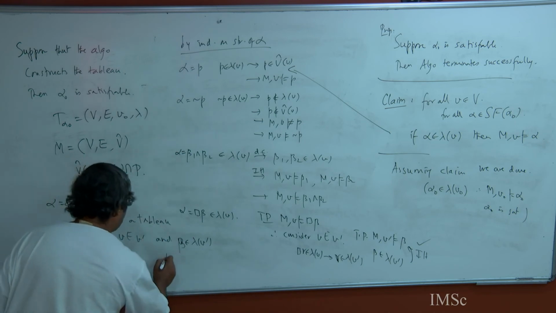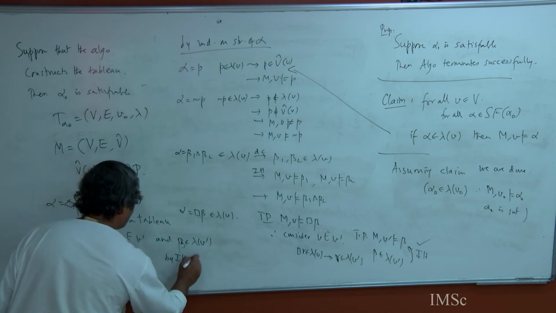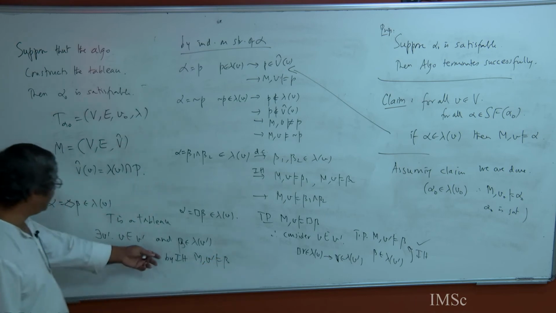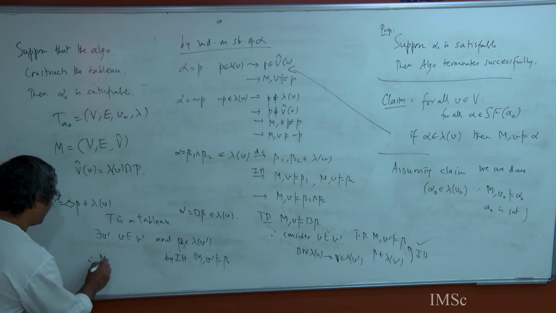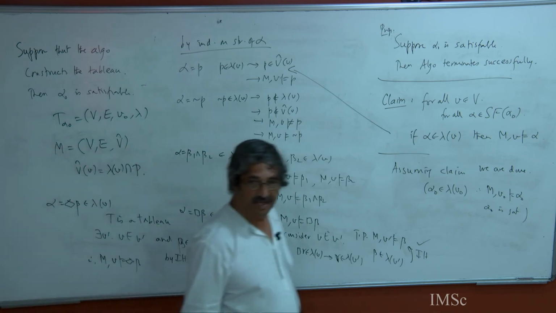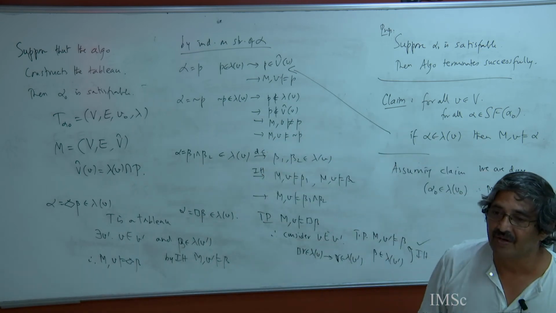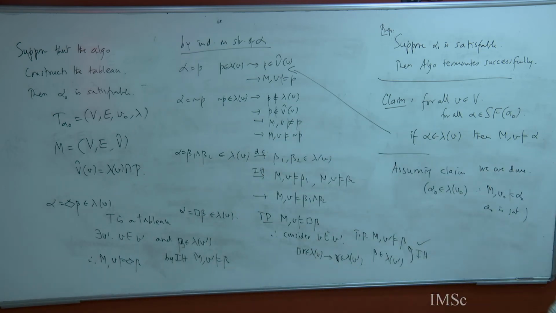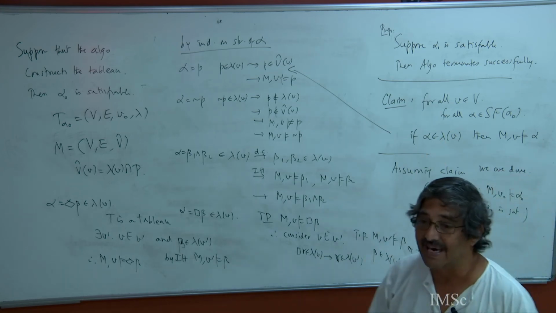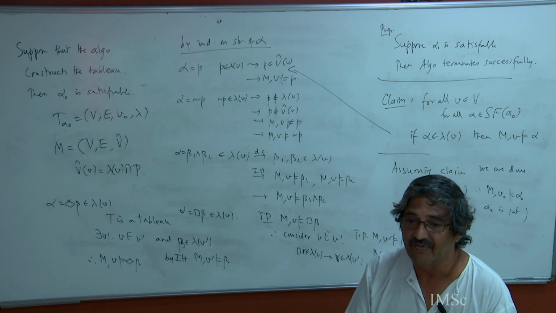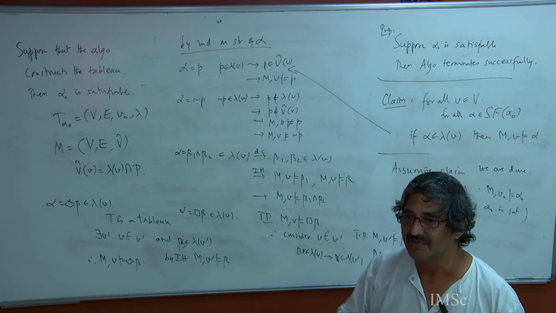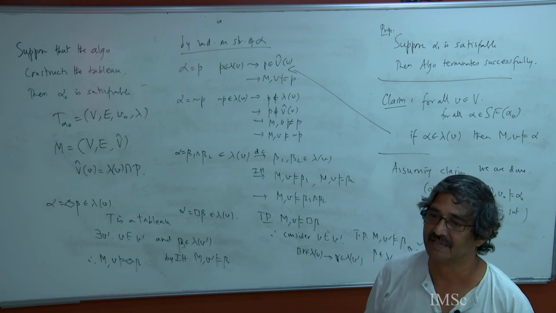But then by induction hypothesis, the model satisfies beta at V prime, and then this is a successor, therefore the model satisfies diamond beta at V, and we are done, right? So this completes the inductive proof and tells you that the formula is satisfiable if and only if my tableau construction succeeds, right? So that's the complete decision procedure, right?